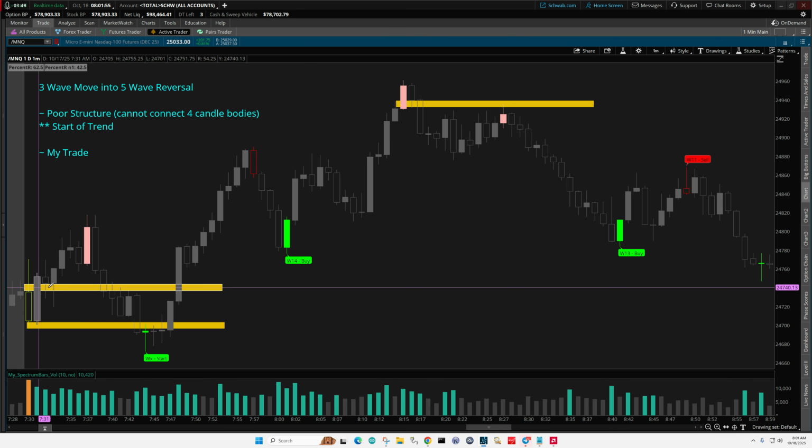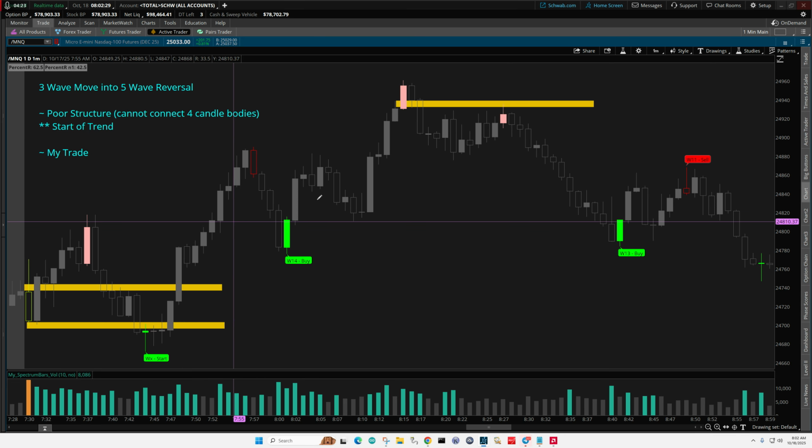When price created this poor structure and passed through it, we can still only connect 3 candle bodies, and we're passing through that poor structure zone after we had already created another poor structure zone, and price is leaving both of those zones. And then you might say, okay, well, I can't connect any candle bodies here at this point in time, until you can connect here and here and here. But yes, that does leave poor structure, basically, where you can only connect 3 candle bodies.